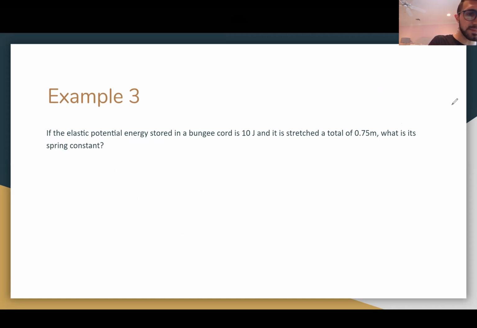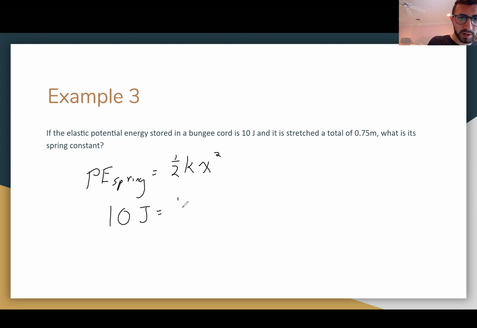So here the potential energy of a spring is going to equal 1/2 kx squared. We were given that the potential energy is 10 joules, which equals 1/2 k times x, which is 0.75 meters, squared.